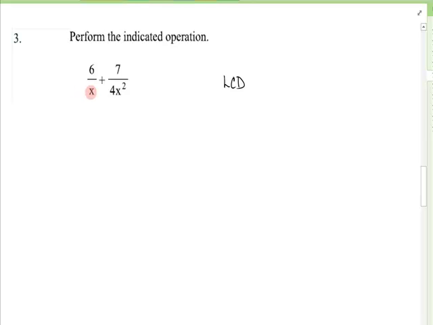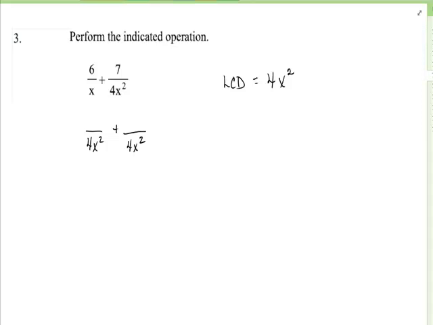So you have an x, you have a 4, and then you have an x squared. So you're going to need a 4, and you're going to need an x, but you're going to take the high power, you're going to take the x squared. So the common denominator is 4x squared.